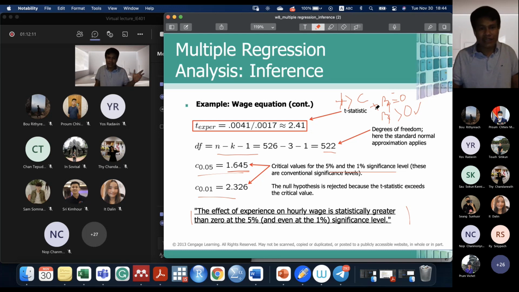And then the alternative can be that the effect is bigger than 0, lower than 0, or different from 0. Research is very simple. It starts with curiosity. But in order to answer that curiosity, you need the scientific method. And here we use data, we analyze data from an economic perspective. You can relate it to the introduction to research class.